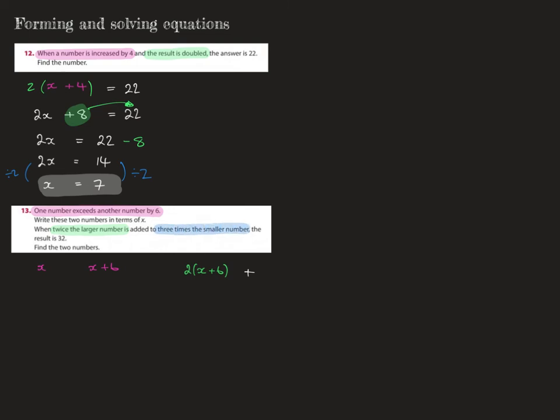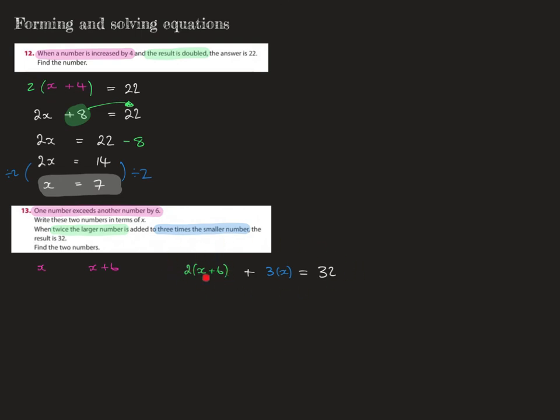So I'm going to say 3 times the smaller number, so 3 times x. The result, or the answer, is going to be 32. So now we've formed the equation. That's the equation formed. We just need to solve it.